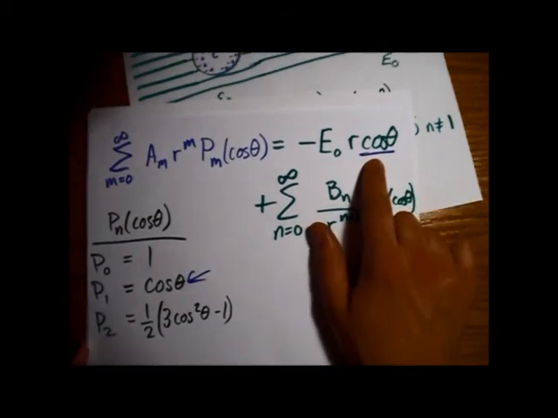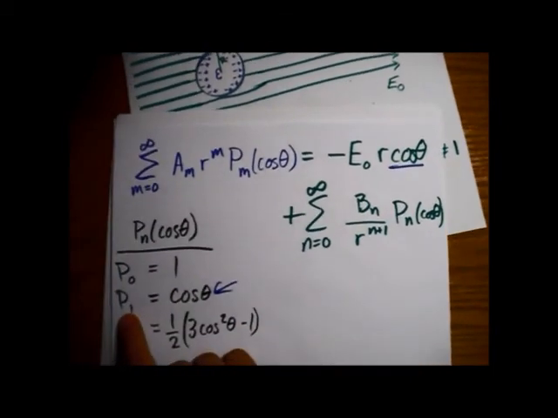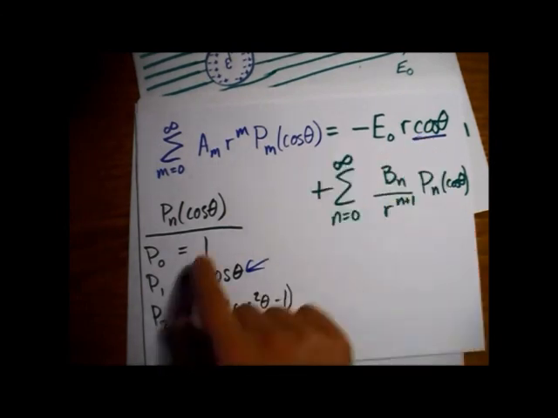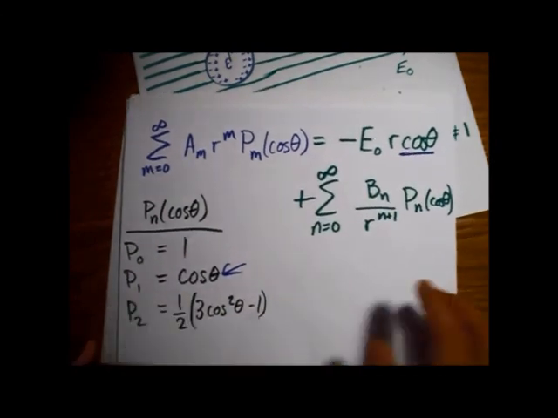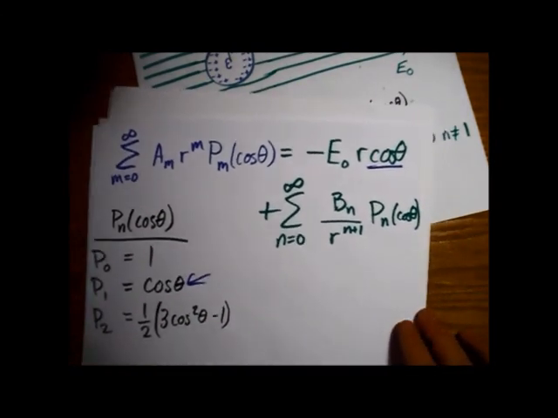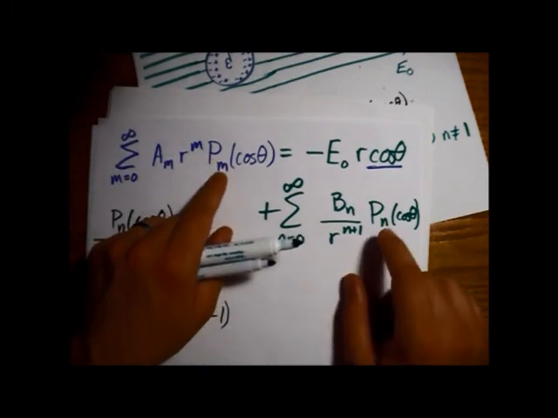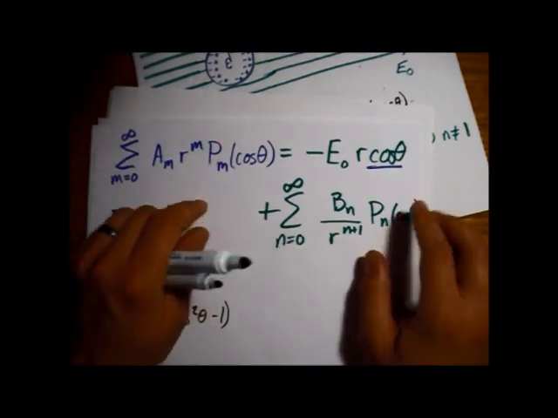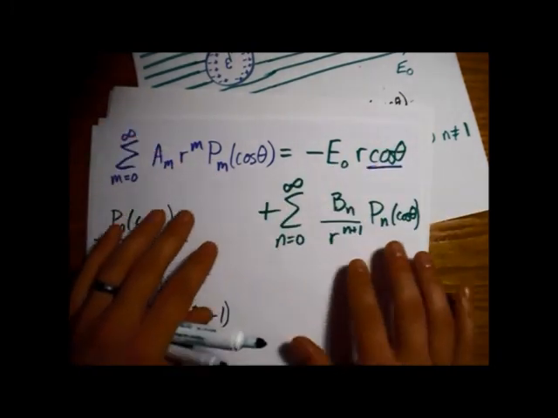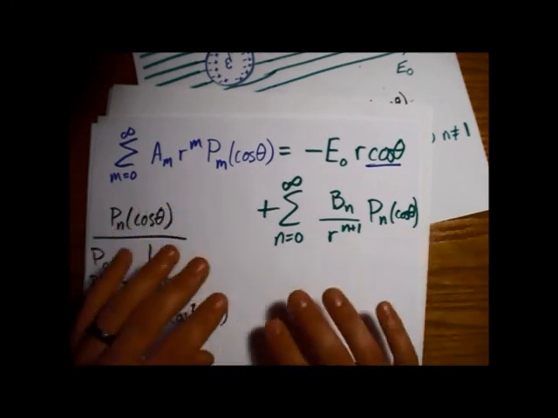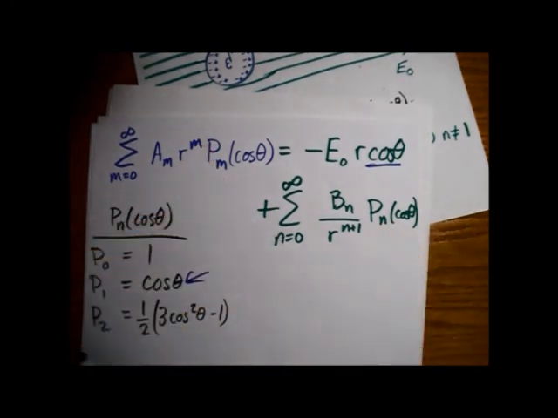This is a term of the P sub 1 part. So we're going to have two different equations. One is just for the P sub 1s and all of their coefficients and friends, and then one will be for all of the other Legendre polynomials.